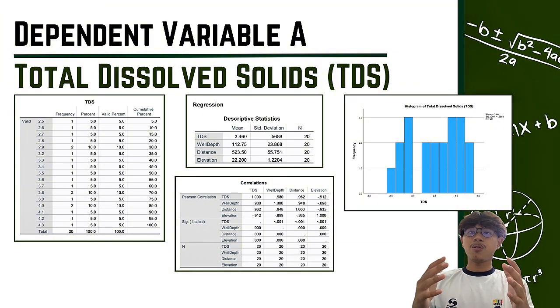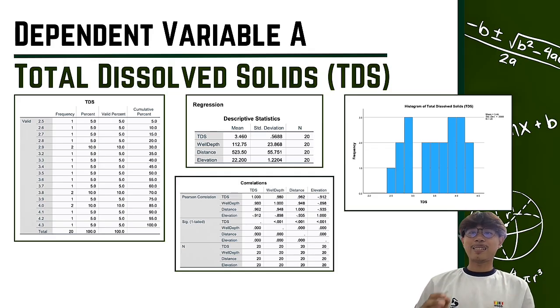The results show that the mean TDS value is 3.46 mg/L, while the median is 3.55 mg/L. This means that the average groundwater sample in our study contains approximately 3.46 mg/L of dissolved solids. The minimum TDS value recorded is 2.5 mg/L and the maximum value is 4.3 mg/L.